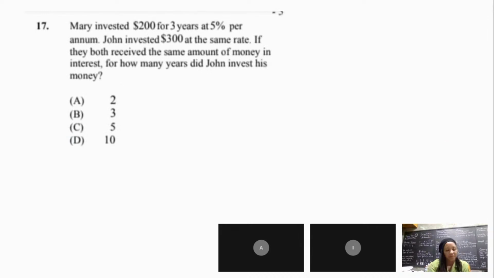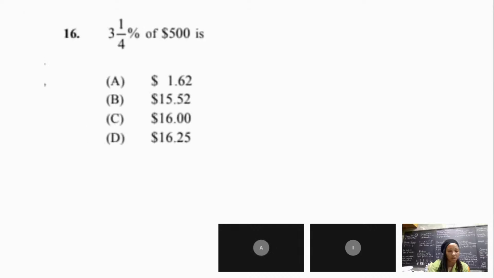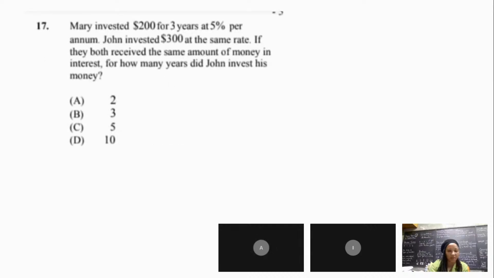All right, Asar. Mary invested $200 for 3 years at 5% per annum. John invested $300 at the same rate. If they both received the same amount of money in interest, for how many years did John invest his money? So you want to find the interest on Mary first.